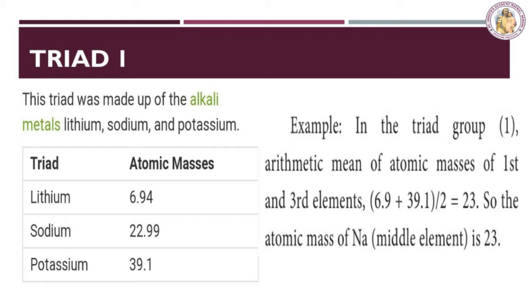When you add this and divide by 2, you will get 23. That is equal to the atomic mass of sodium. So the atomic mass of the middle element, sodium, is 23. That is Dobereiner's law. So what is Dobereiner's law? In each triad, the atomic mass of the middle element is the same as the average of the atomic masses of the other 2 elements.